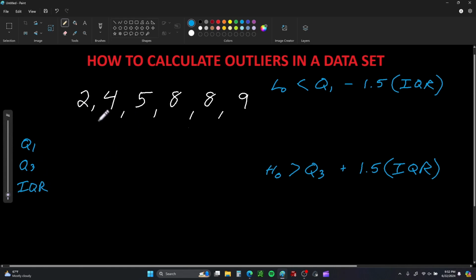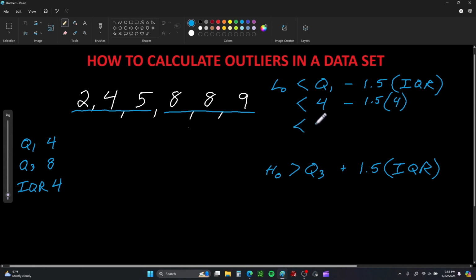Now, looking at our number set, the middle of the first half, which is Q1, is a 4, so I'll write that there. And the middle of the second half of the set, the middle number is an 8, so I put that there. And the interquartile range, the range between Q3 and Q1, is 4. Now I'll just plug those numbers in over here. So I have numbers that are less than this for low outliers, or Q1, which is a 4, minus 1.5 times the IQR, which is a 4.